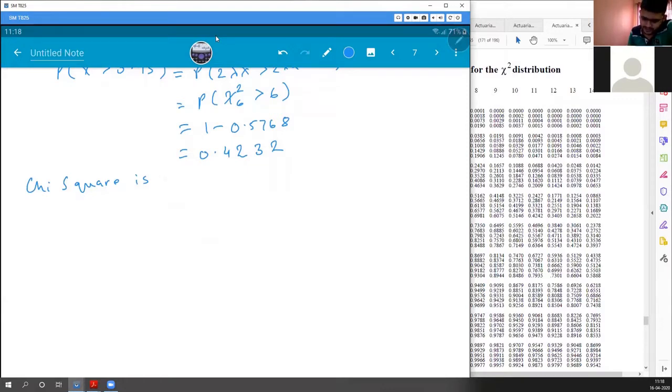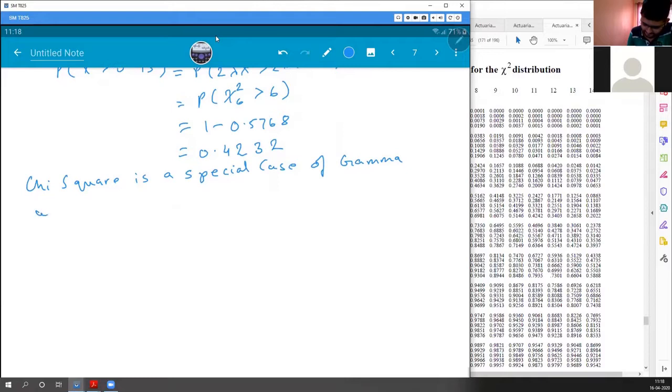Same way chi-square is also a special case of gamma distribution, where alpha is equal to nu by 2 and lambda is equal to half.